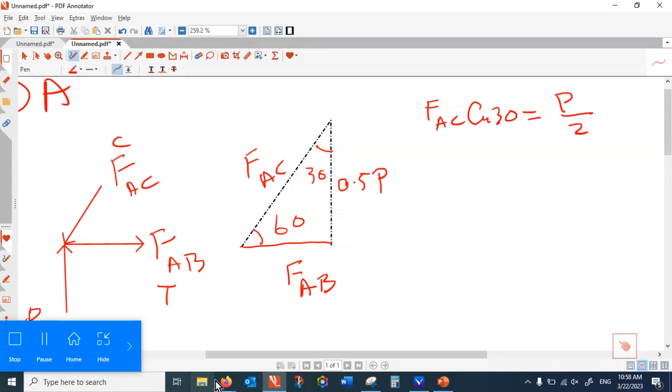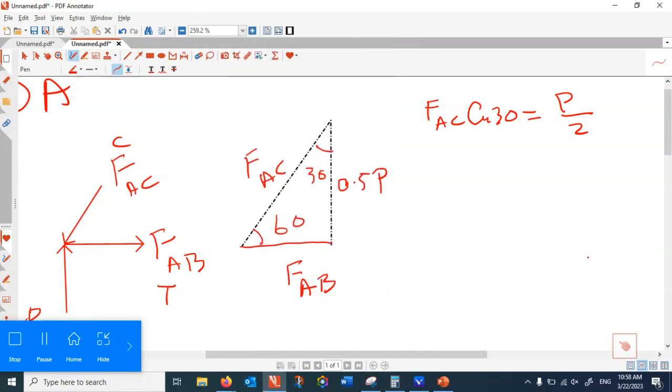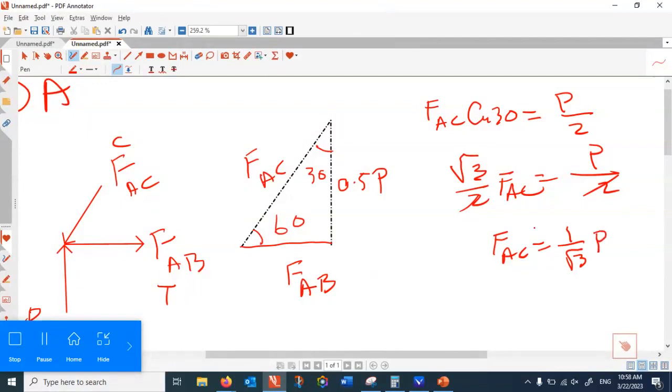And cos 30 is equal to root 3 over 2, isn't it? So that is root 3 FAC is equal to P by 2. So you cancel these ones. And then FAC is equal to 1 over root 3 P.